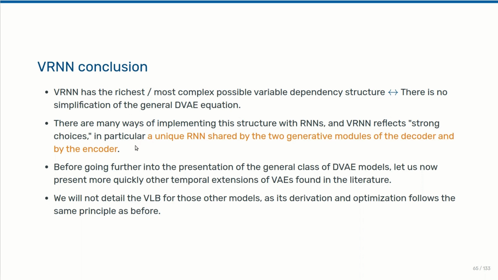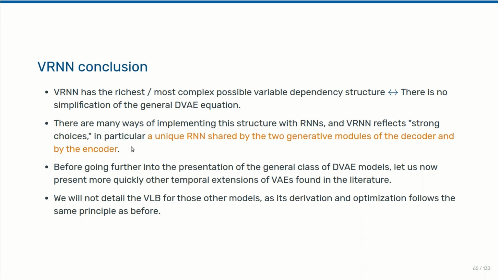This is also the case of VRNN. And in the original paper, the authors take some choices in the sense that they use a unique recurrent neural network that is shared by the two generative modules, meaning of Z and X, but also by the inference network.